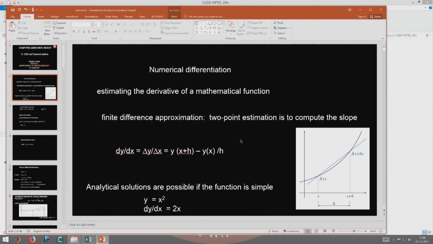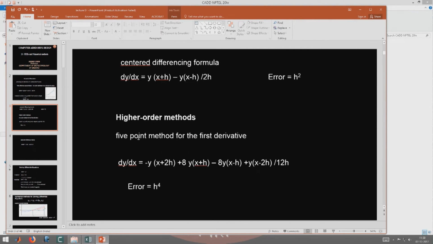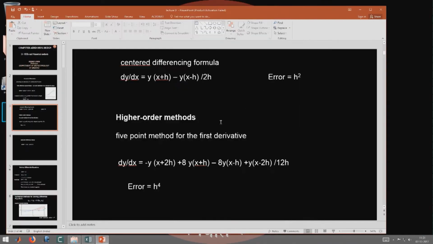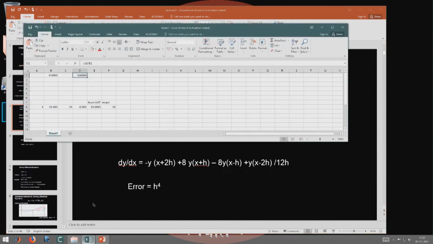For example, the 5-point method for the first derivative, where it uses x plus 2h plus this and so on. So y is calculated at 5 different places. The error they say is in the order of h power 4.